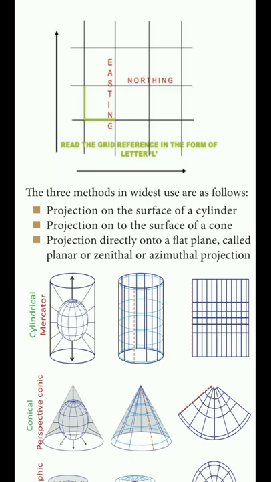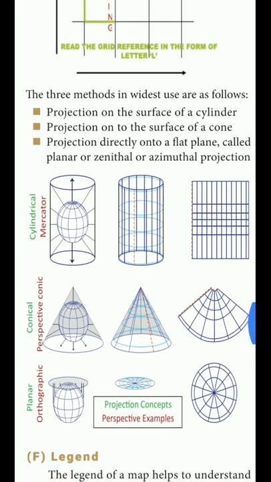So there are 3 methods in widest use as follows: the cylinder, cone and plane. So projection on the surface of a cylinder, projection on the surface of a cone, projection directly onto a flat plane called planar or zenithal or azimuthal projection. So what are the methods of projection? There are 3 methods of projection.